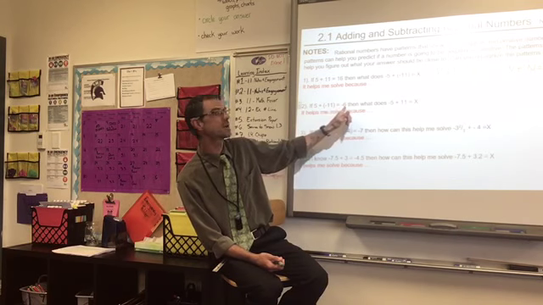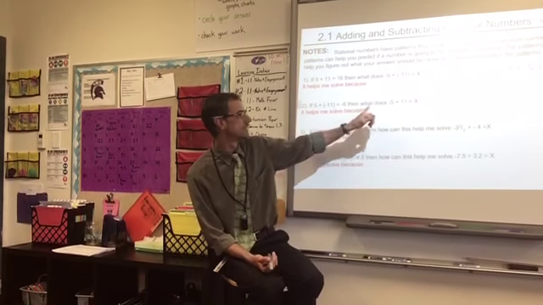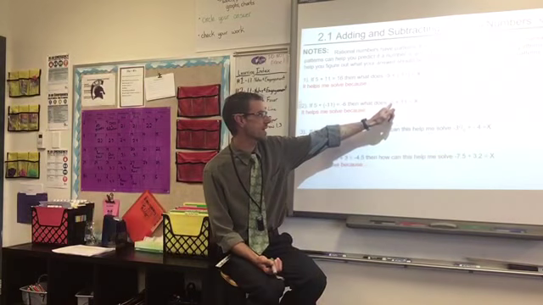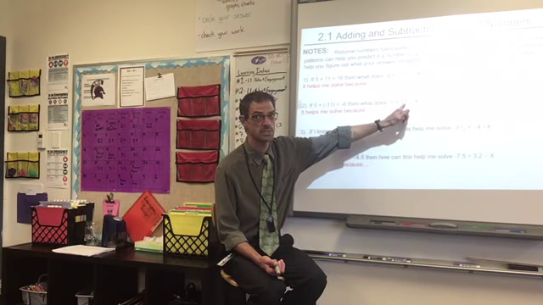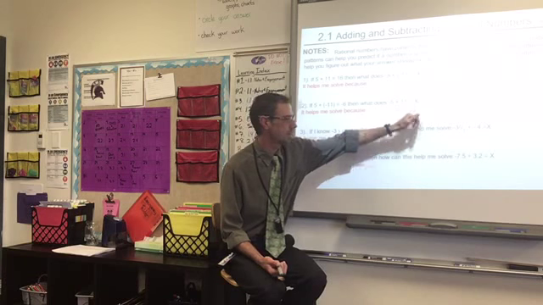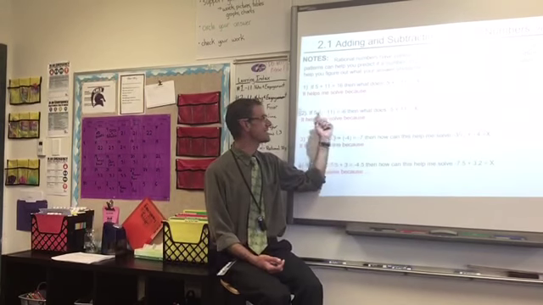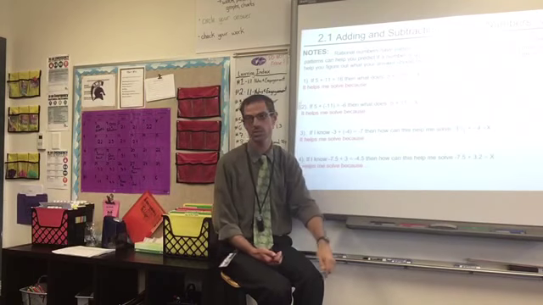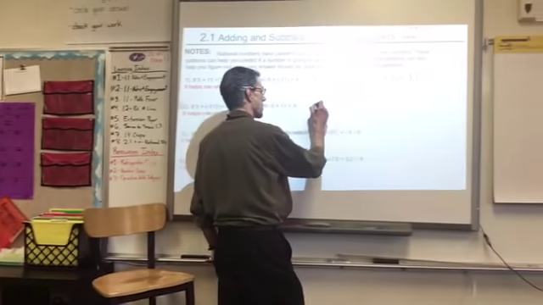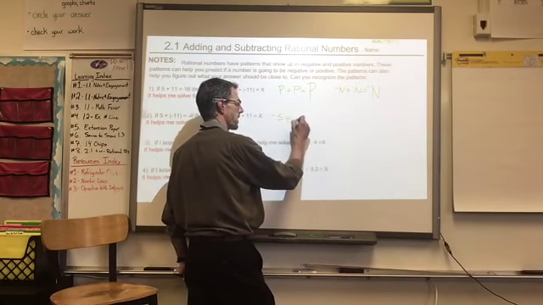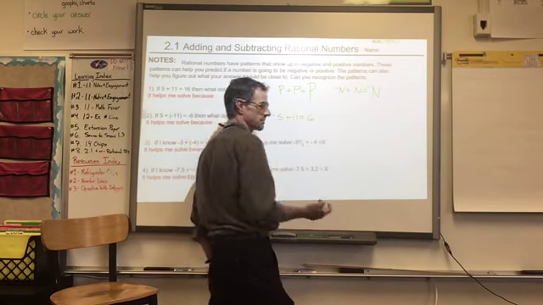So what do we get? A negative. So here we have a negative plus a larger absolute value positive, and what do we get? Positive. So if this equals -6, what does this one equal? Positive 6. So here we have -5 plus positive 11 equals positive 6.